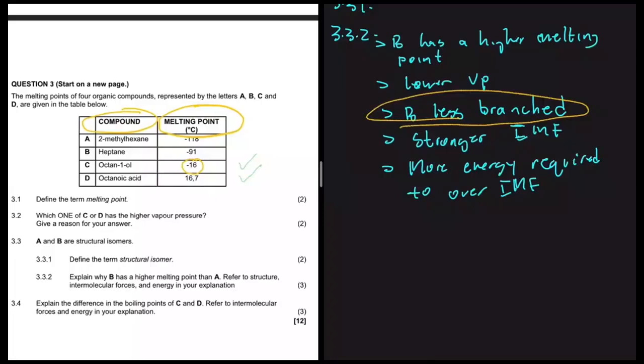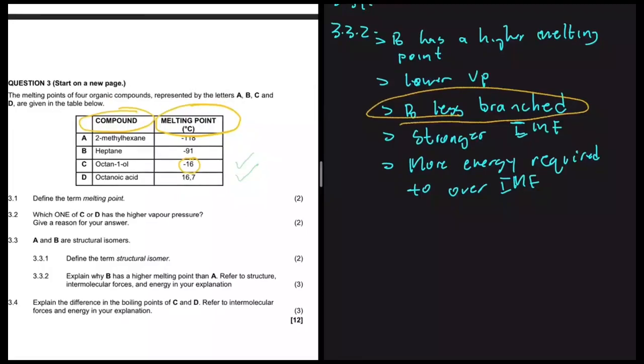Now let's do 3.4. 3.4 says, let's explain the difference in the boiling points of C and D, referring to the intermolecular forces and the energy in our explanations, right? Let's go back to the basics real quick here. So we know that compound C is an alcohol, and then compound D is an acid, right?